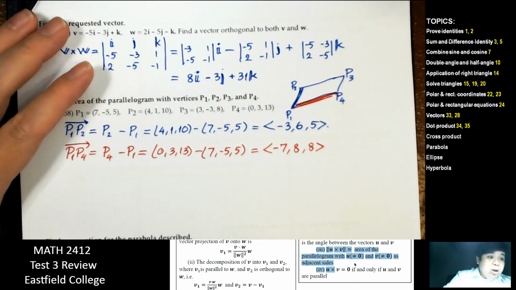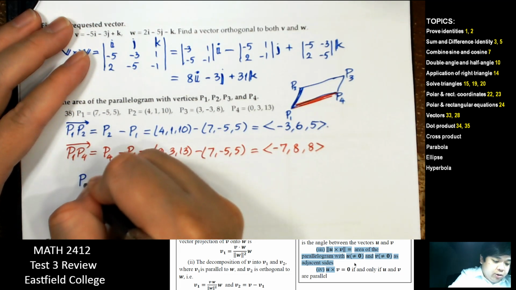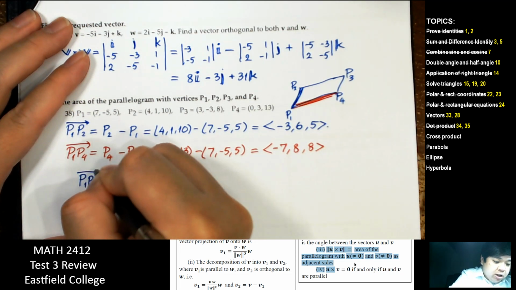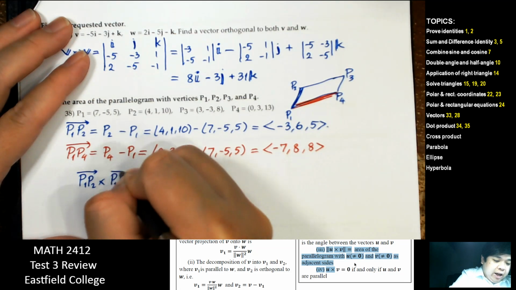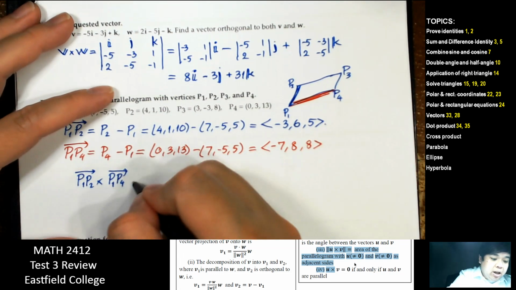Right, and then we just do the cross product of these two. And at the end we will find the magnitude later.